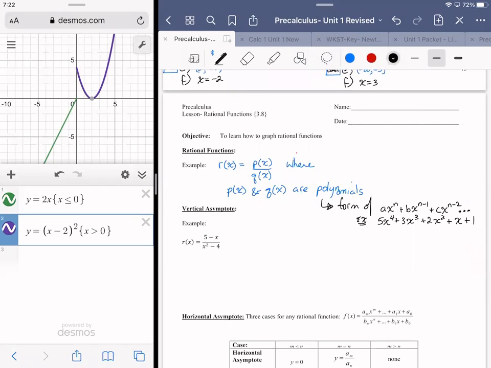So the algebraic approach: set your denominator equal to 0. Solve for x.